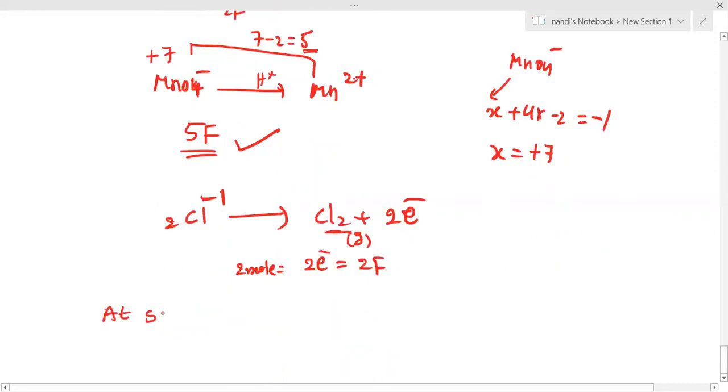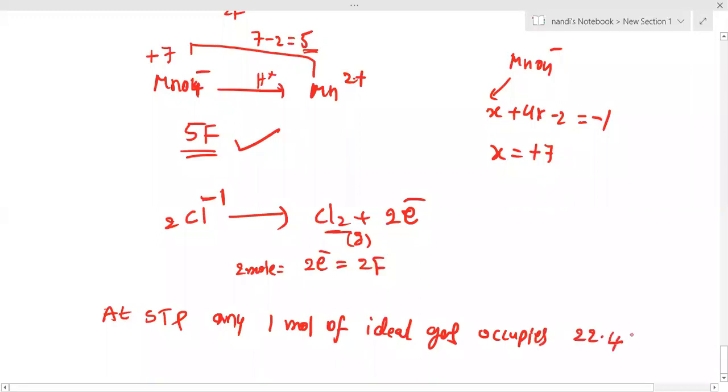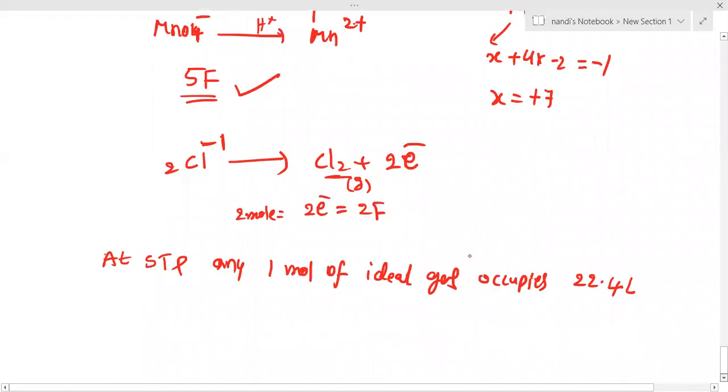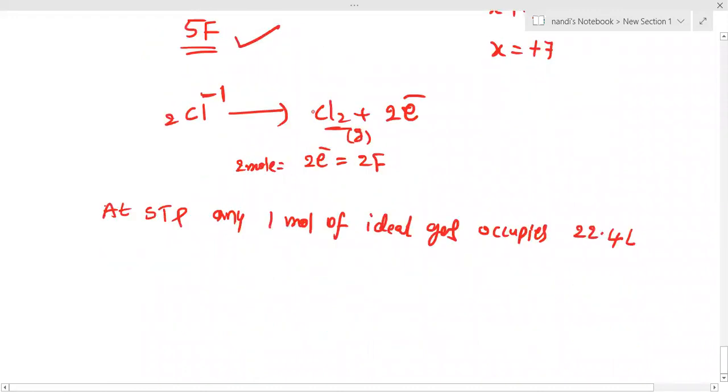At STP, standard temperature and pressure, any 1 mole of an ideal gas occupies 22.4 liters. Keep in mind. So here Cl2, how many moles are you getting? Only 1 mole, sir.